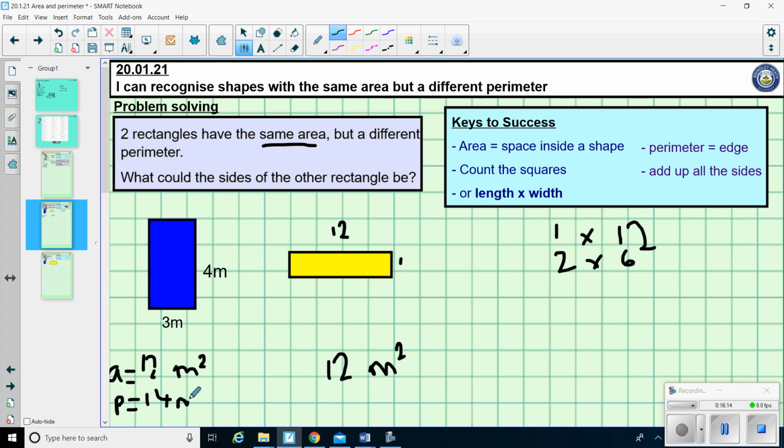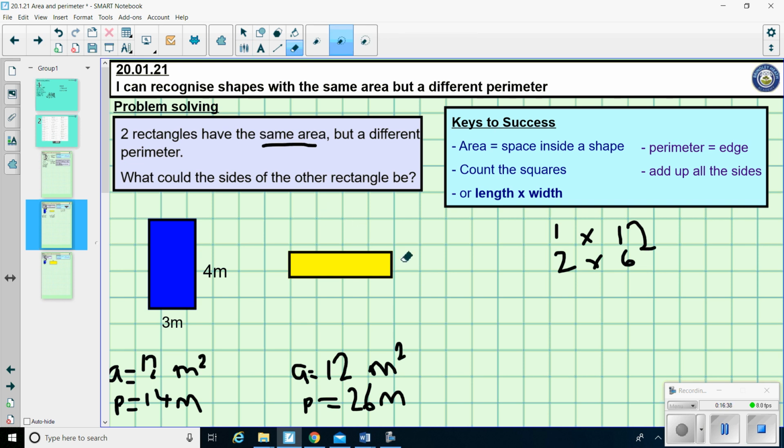And we've just said if we give this yellow shape the size 12 and 1, we would have a perimeter of 26 metres. Which would work for our question. They've got to have the same area but a different perimeter. So that would work. Let's try the 2 and 6 one that we came up with then.